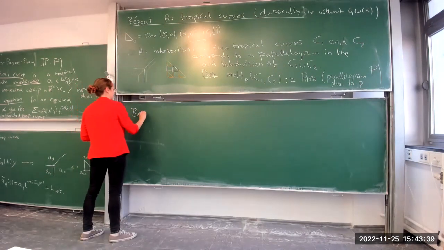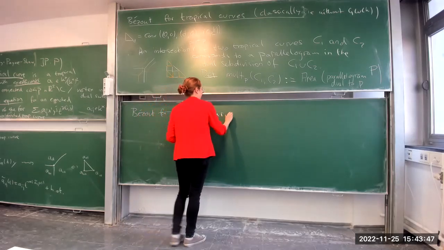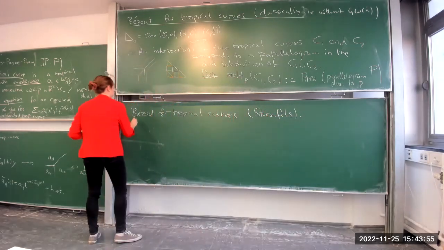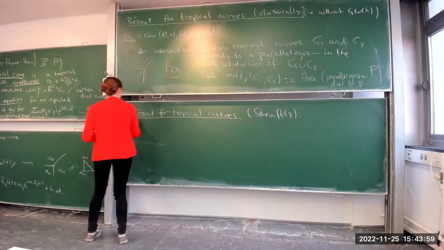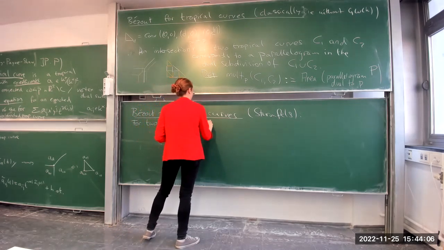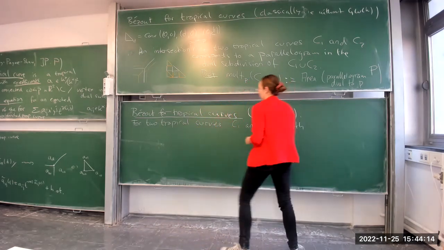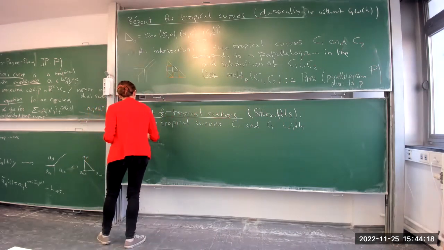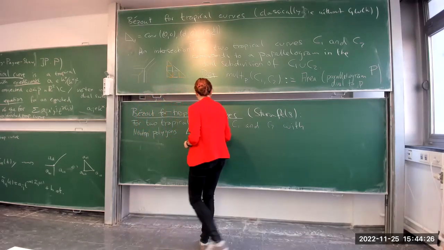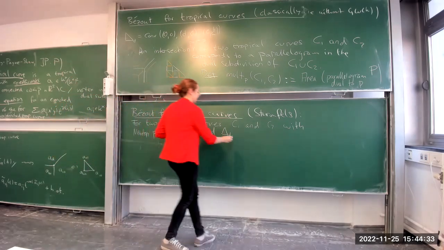Now, I need to state the theorem for tropical curves, which, if I'm not mistaken, goes back to Bernd Sturmfels. It says that for two tropical curves, C1 and C2, with Newton polygons delta D1 and delta D2 — this also works in the more general setting, and then we'll get the mixed volume, but okay, let's do the easy setting.